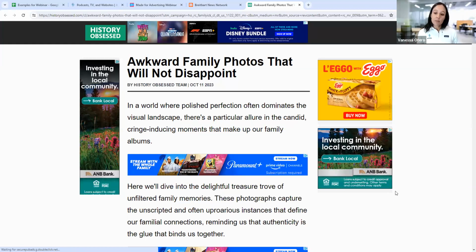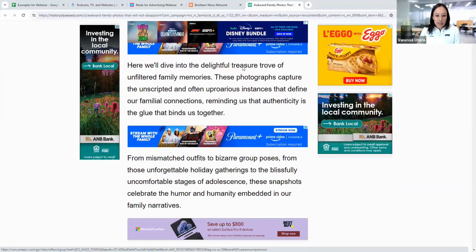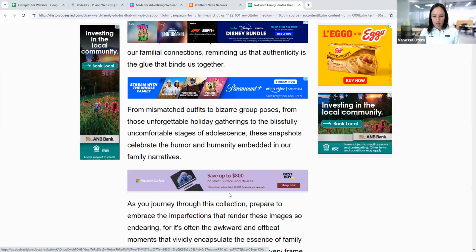These are pretty big brand ads. So Lego, that's Kellogg, there's a bank. Sorry if any of you are affiliated with these advertisers. This is just what shows up. Hulu, Disney, Paramount Plus, Microsoft.